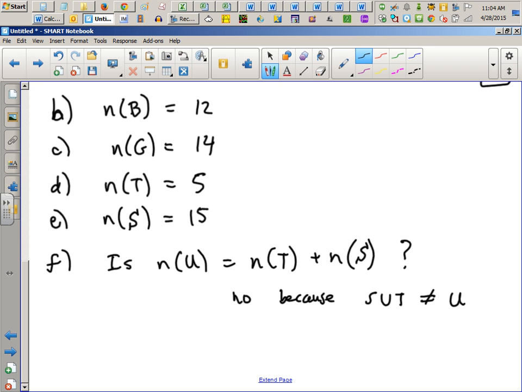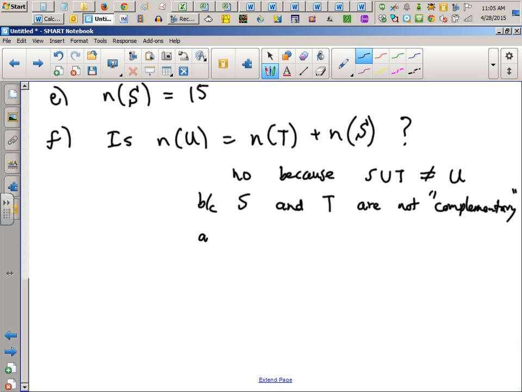The reason for this is twofold. One, S and T are not complementary. That means they don't complete the whole package. They don't make the universe. And two, S and T are not even disjoint.